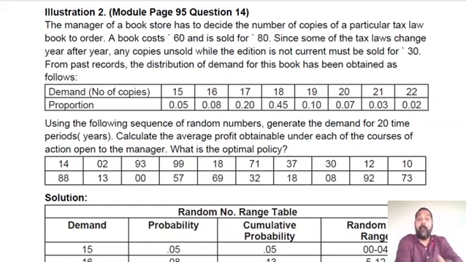Okay. Proportion is given to you. Now what is this new proportion? Well, proportion is nothing else but probability. So in 100% proportion, in what proportion is 15 copies sold? If you notice, 0.05 proportion, which in other words is 5% probability. Correct?